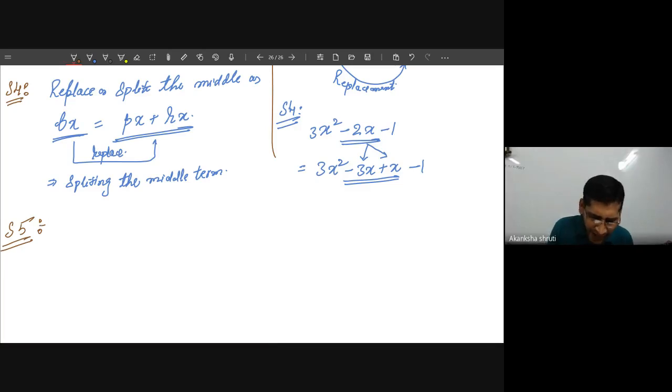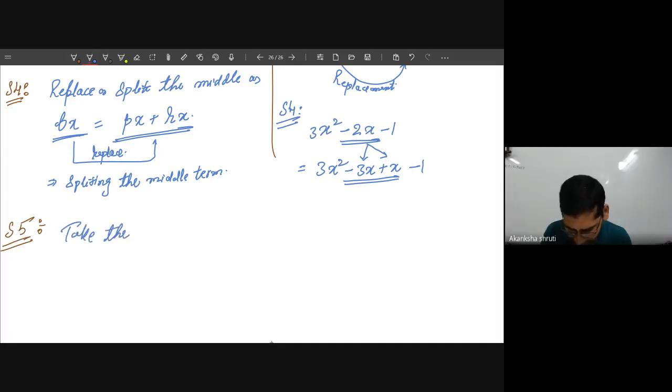So this step number 5 tells that the 3 terms which were present in the original are being converted into a 4-term quadratic polynomial. Then from the first 2 terms you have to take whatever is common, and from the next 2 terms you have to take whatever common factor is there.